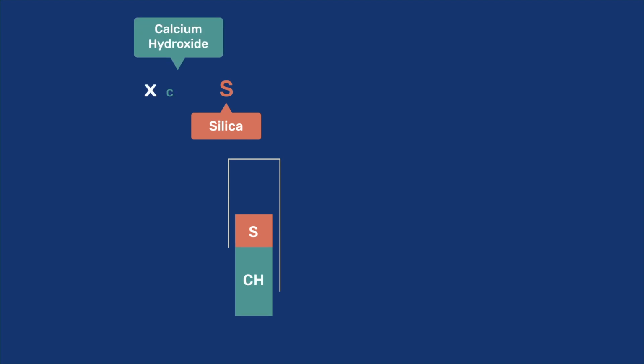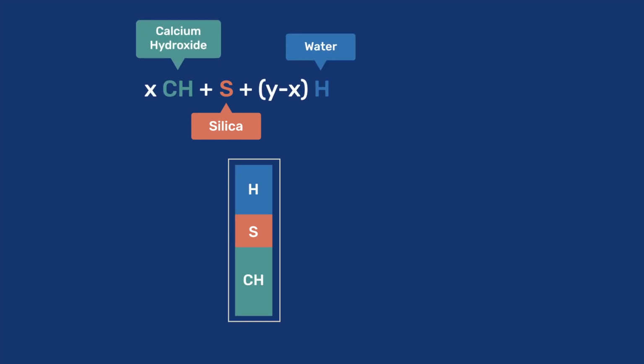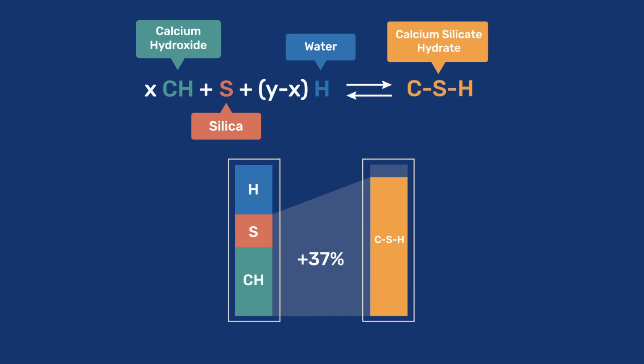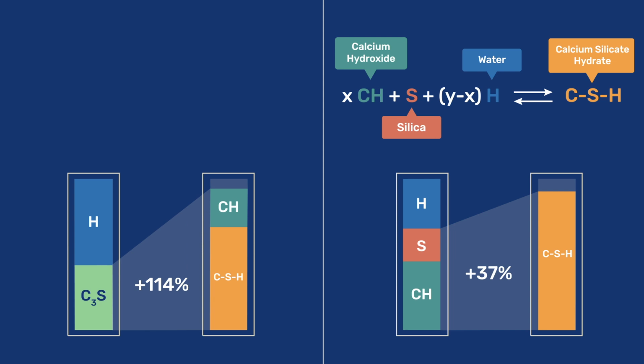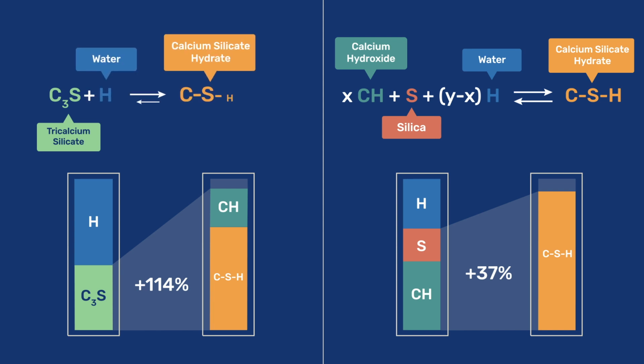The simple reaction between amorphous silica, calcium hydroxide, and water leads to an increase in solids volume of about 40%, which is much lower than the 114% obtained by tricalcium silicate, the main phase in ordinary Portland cement, whereby this tricalcium silicate, or C3S, reacts with water to produce both C-S-H and CH, that is, Portlandite.